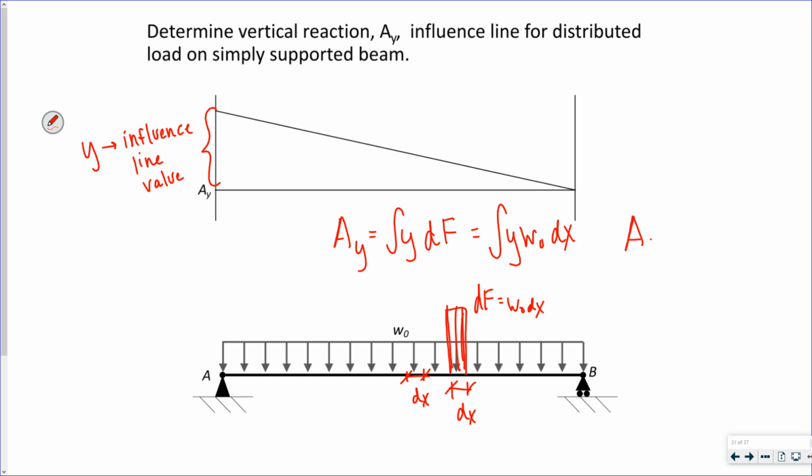then the influence on my vertical reaction at A is the value of that distributed load times the area under that influence line.